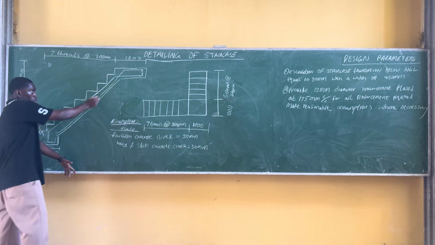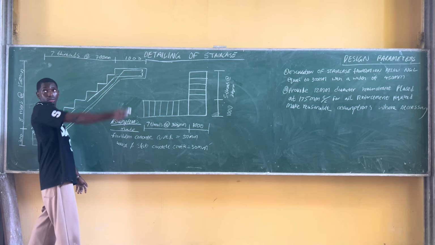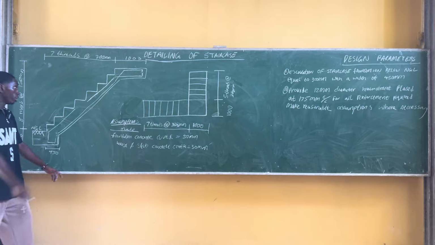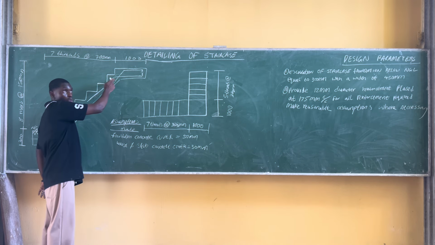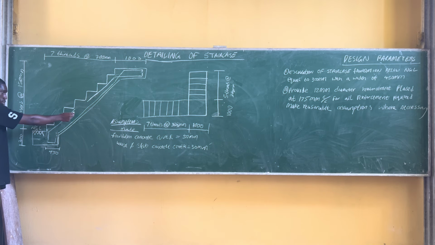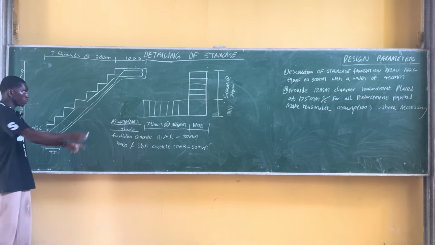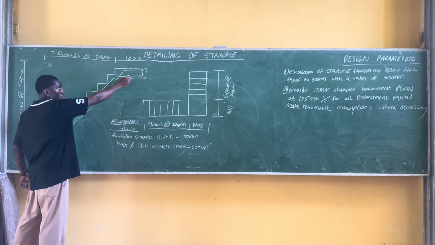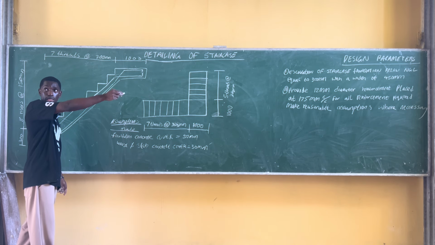This bottom turns to top when reaching the slab. This other bottom will turn to top when going down for the three risers, up. This top reinforcement is to turn to bottom when going down. You understand?